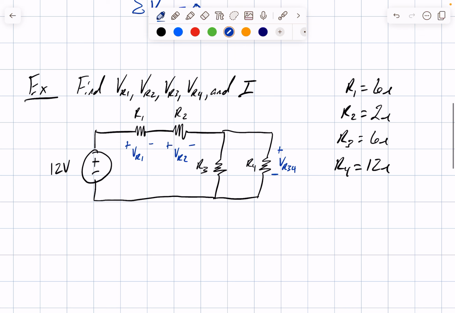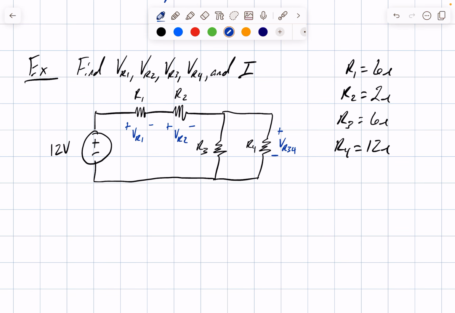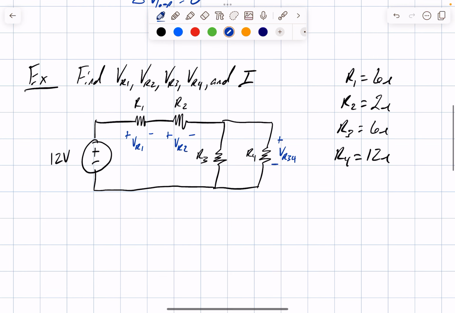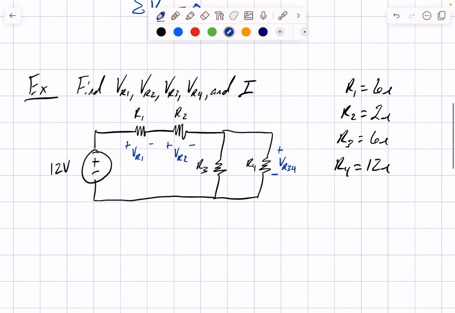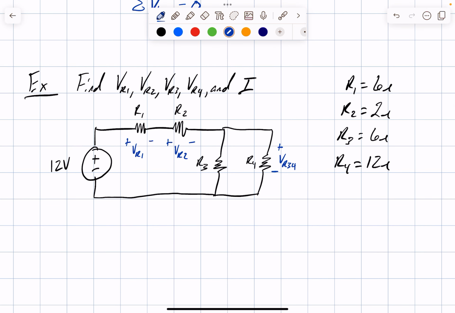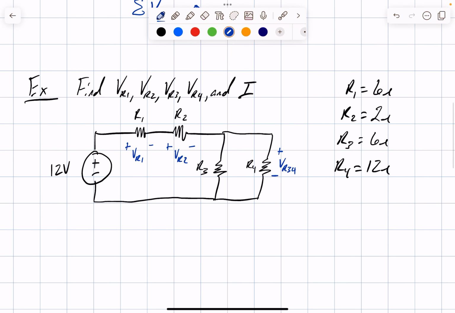The reason I'm making this a single VR3,4 at the end instead of also putting one for R3 is that in parallel, the voltage is the same across those resistors. Another rule is that the current is the same for resistors in series. This is very important. Once we work out the parallel resistors, we will see we only need to find one current, because all the resistors will be in series, so the current is the same throughout the whole circuit.